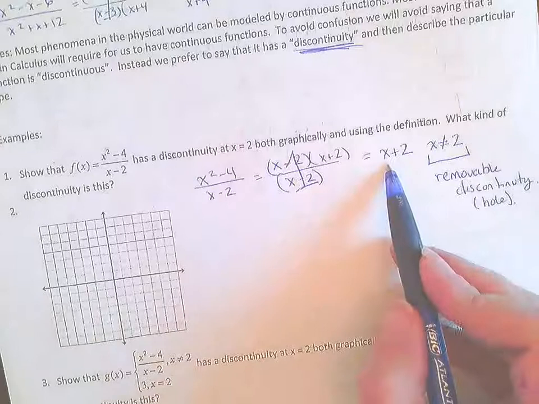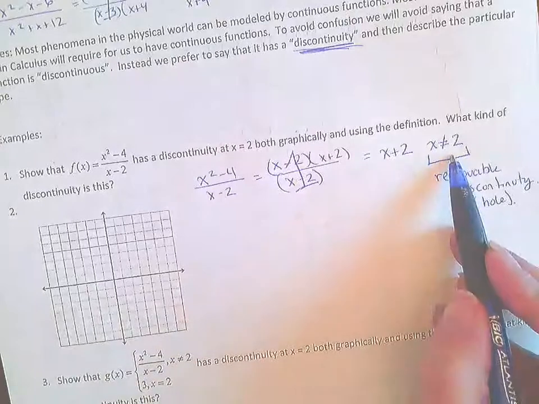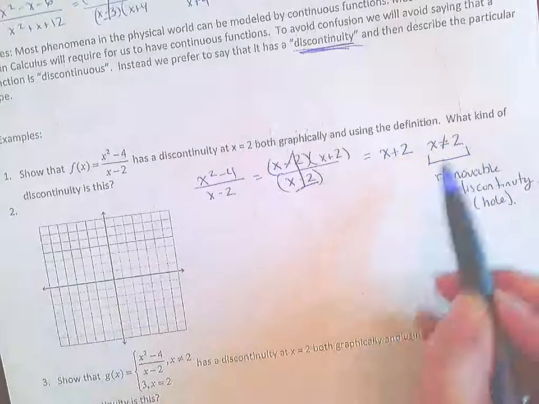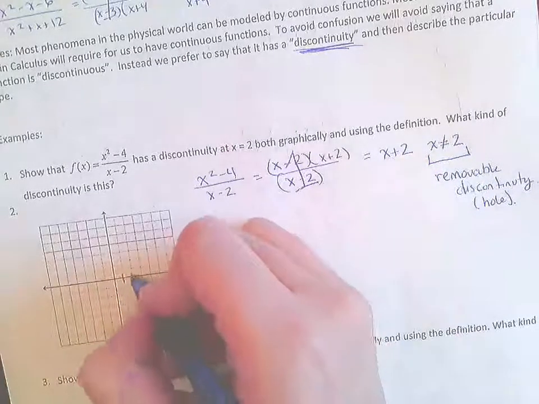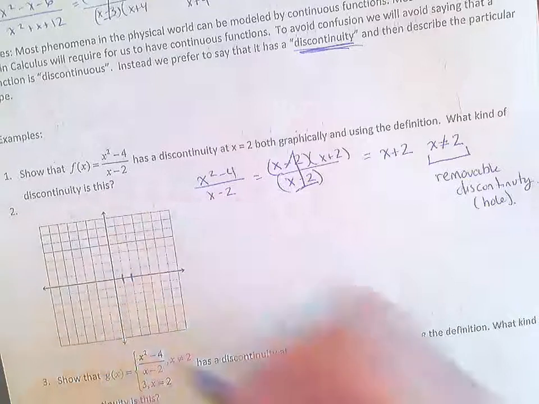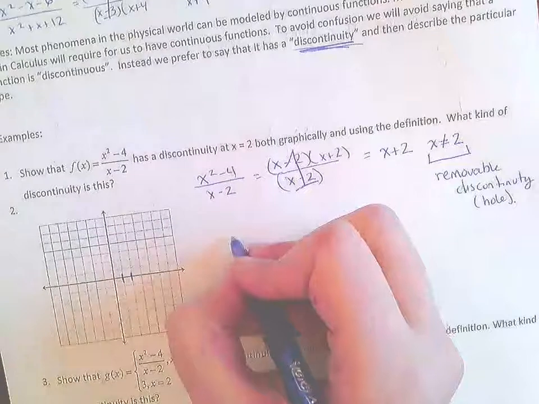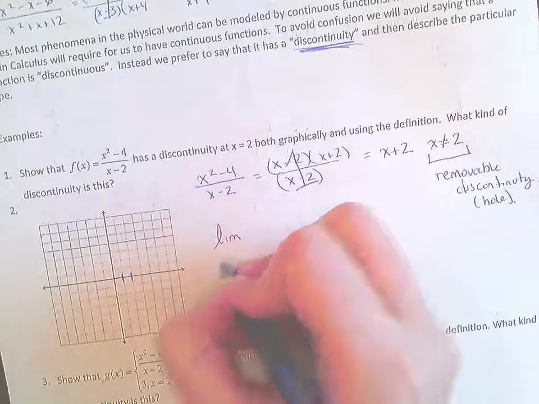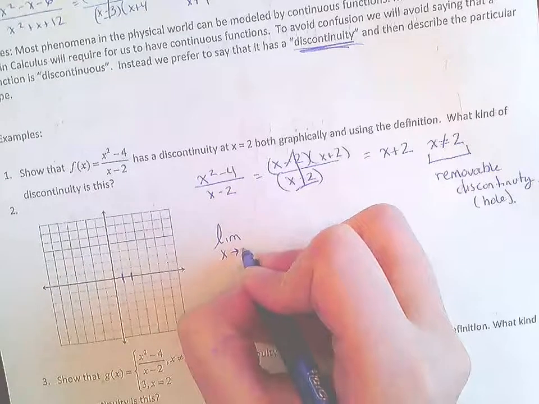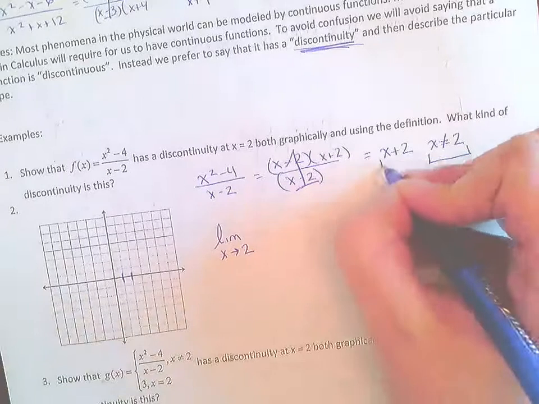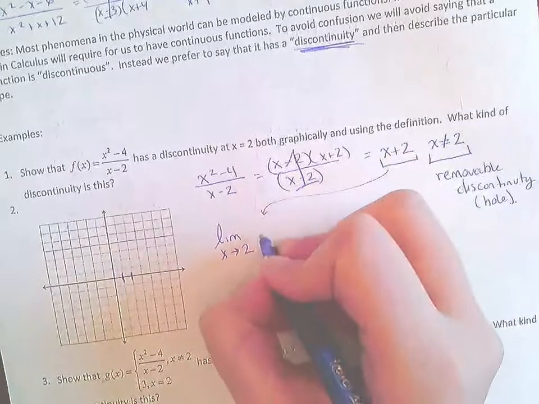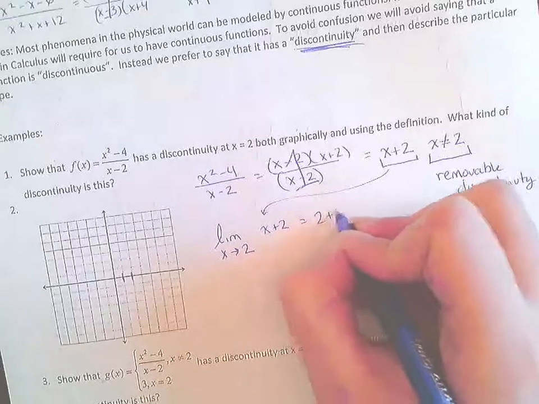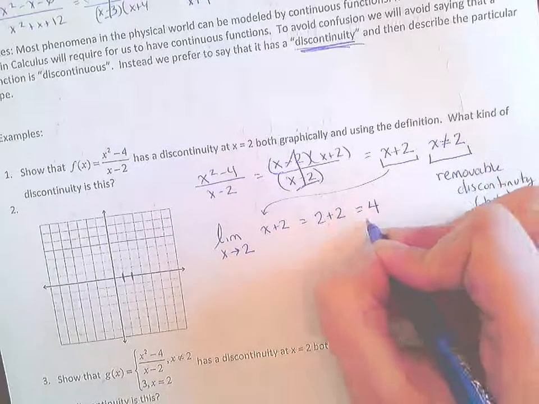Now, in order to graph this, we need to figure out where the hole is. I know it's at 2, but where is it at 2? What you do to figure this out is you do the limit as x approaches 2 of the function that's left over, which is x plus 2, and that's 2 plus 2, which is 4.